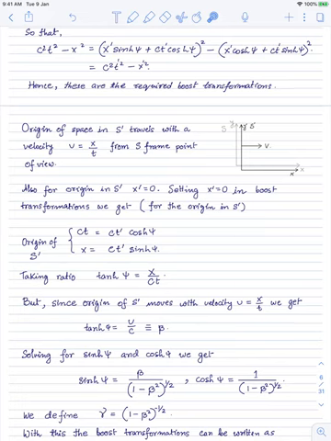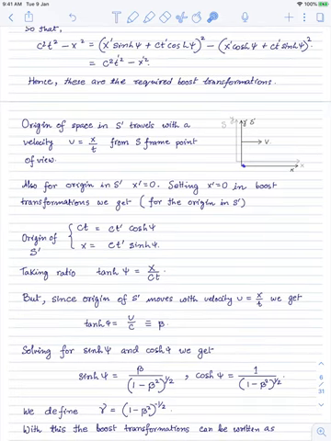Okay, that I'm always considering. So if I do that, then I will see that if I consider the origin of, let's say, S prime, then the origin is moving with a velocity v in this direction.